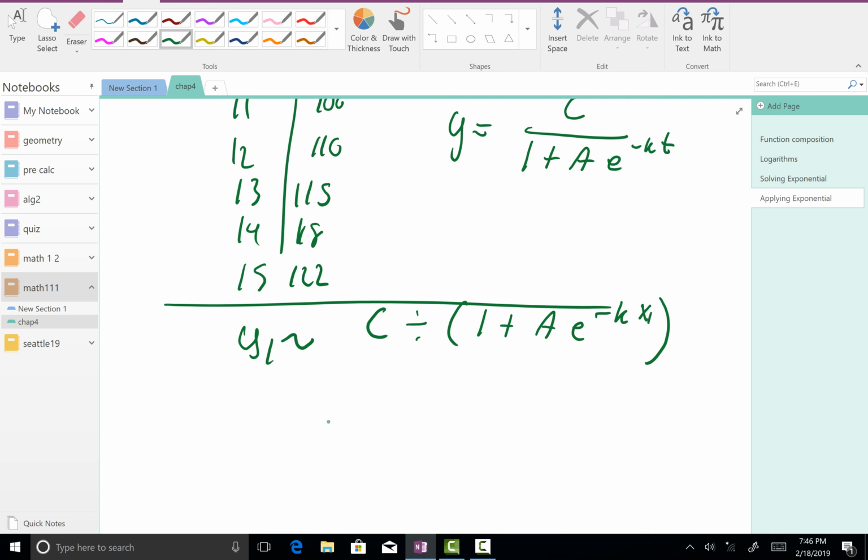We'd have to play around with it some more, but you would eventually get it. Maybe a 5. Okay, it's getting a little better. So that's how that would work.